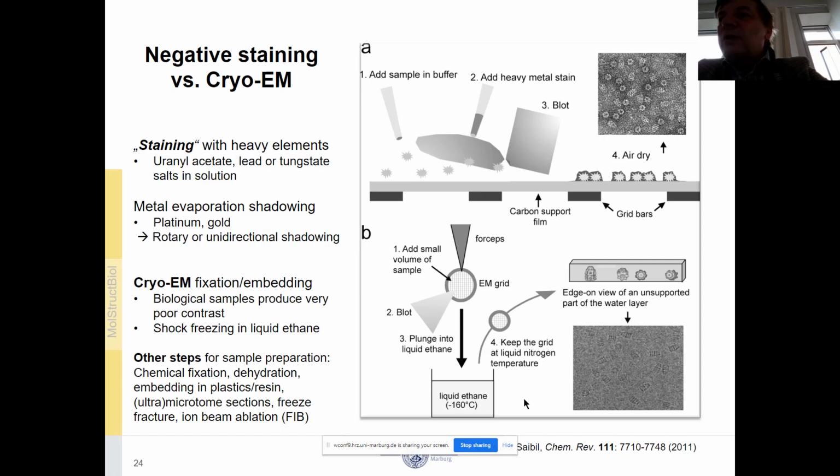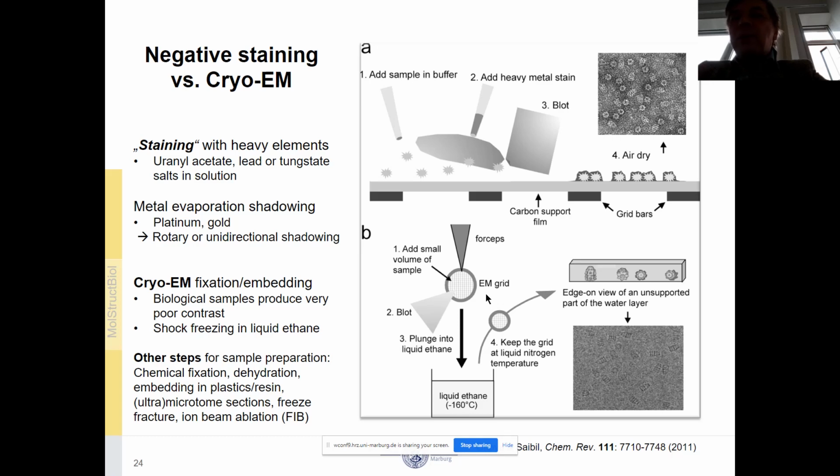What he found was that actually liquid nitrogen is not suitable for quick freezing because there is a layer of gaseous nitrogen around the EM grid, acting as a barrier for the rapid cooling down and the vitrification process itself. So he switched to liquid ethane, which, as you can imagine, is highly inflammable.